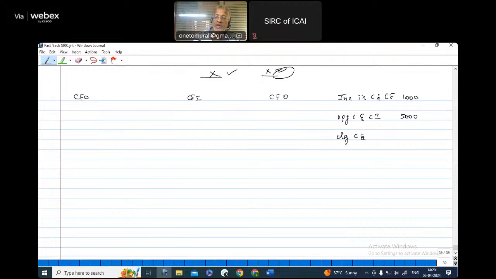Closing cash and cash equivalent will be 6,000. So under direct method, collection from customers 4,97,000.